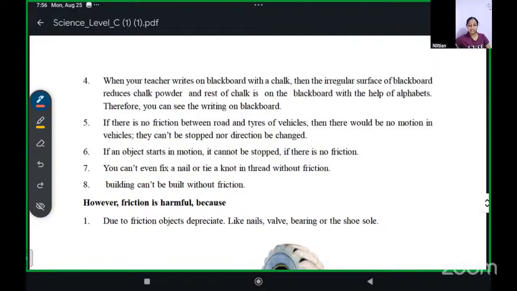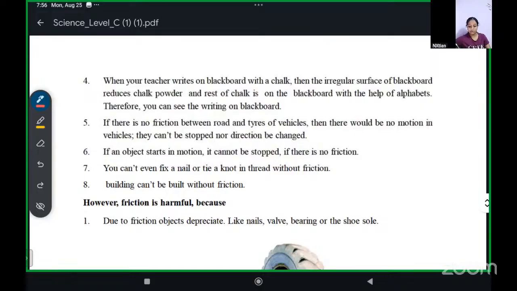Yes, Abraham? Ma'am, do you know your pencil also works because of friction? Yes. The pencil's thin layer of graphite only peels off when friction is applied. Yes, Abraham, that is right. It helps us write with a pencil or pen.